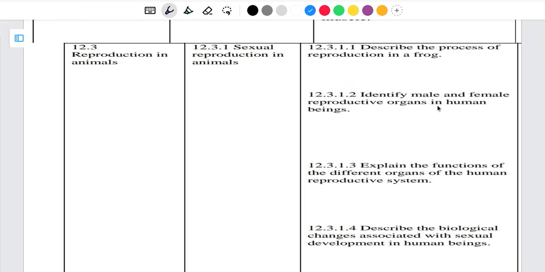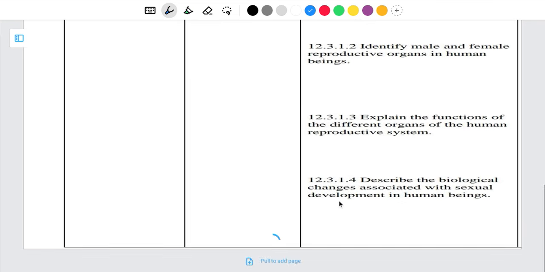You have to identify male and female reproductive organs in human beings. They can ask you to explain the functions of the different parts of the male reproductive organs. So you have to draw the male reproductive organ and start explaining their functions, which I've already explained.